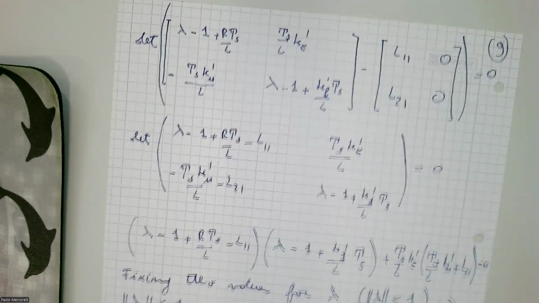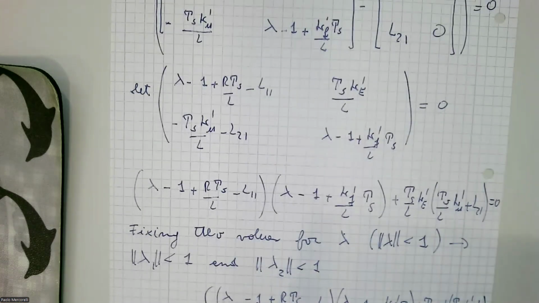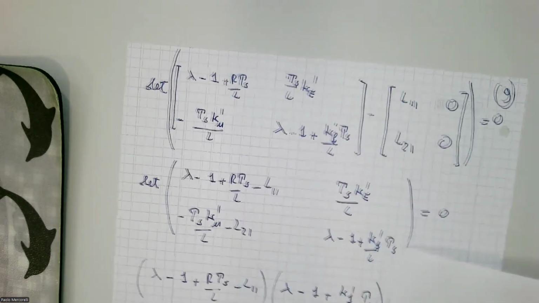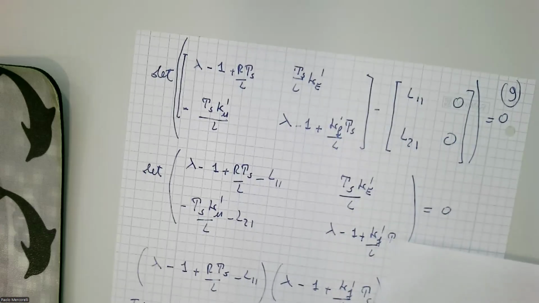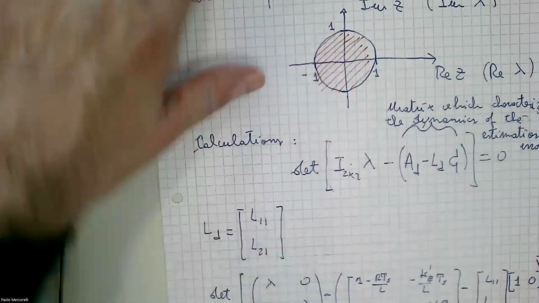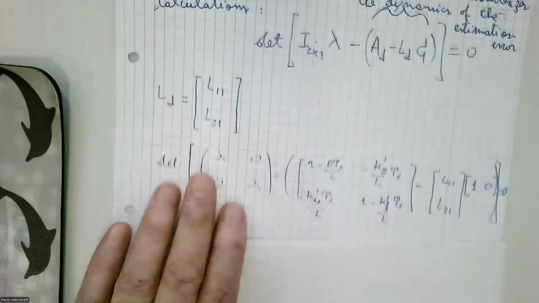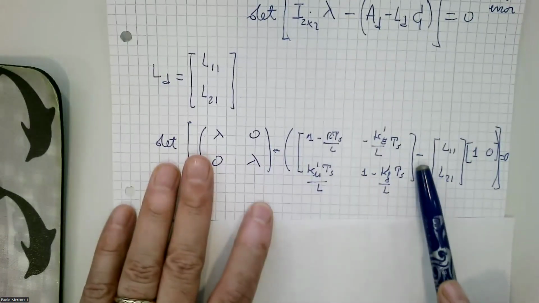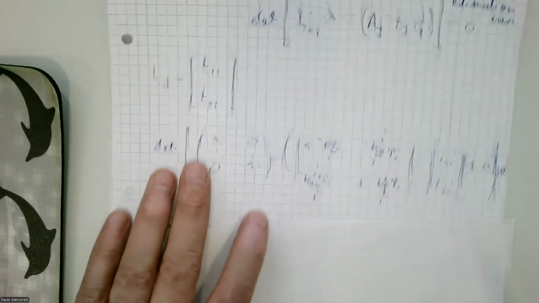There is an error. Yeah, it should be plus. Excuse me. Minus multiplied by minus is plus. Excuse me for that.